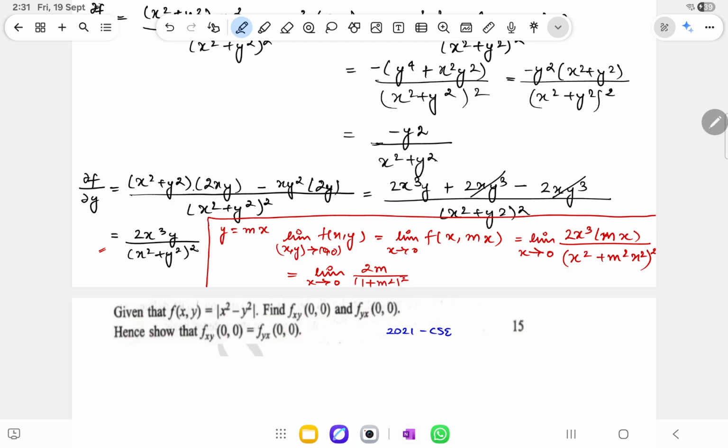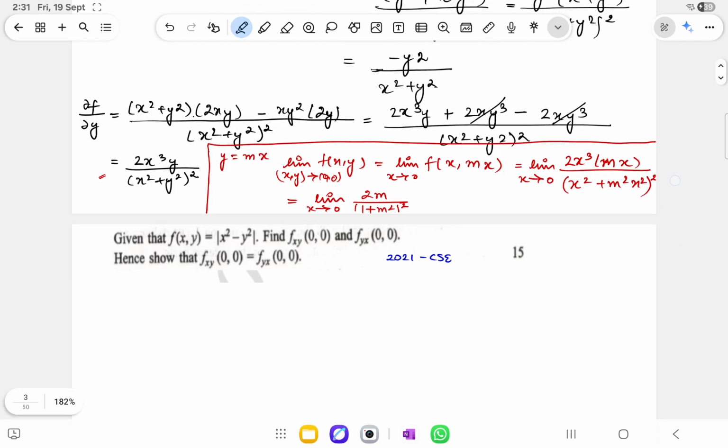So can you see that this limit depends on the value of m. If I take m equals 2, I'll get a different value of the limit, and if I take m equals 3, then there will be a different limit. So the limit of del f by del y is not unique. So from here we can say that del f by del y is not continuous at (0, 0).